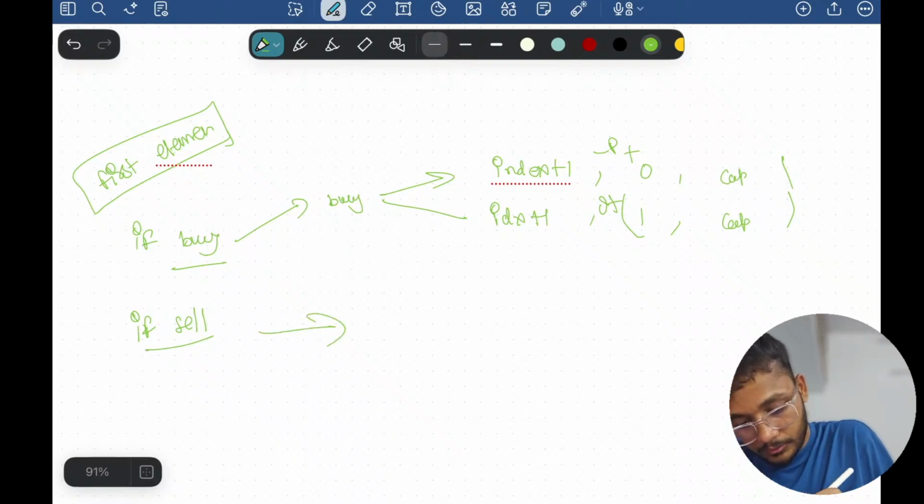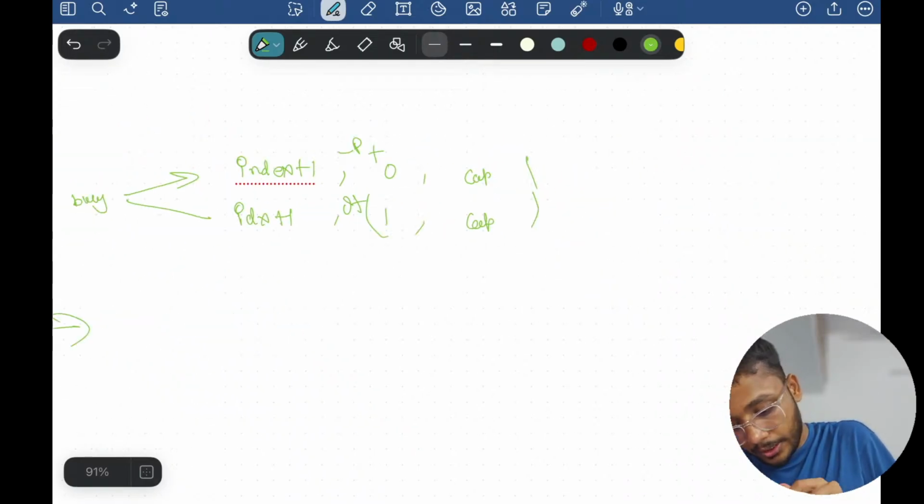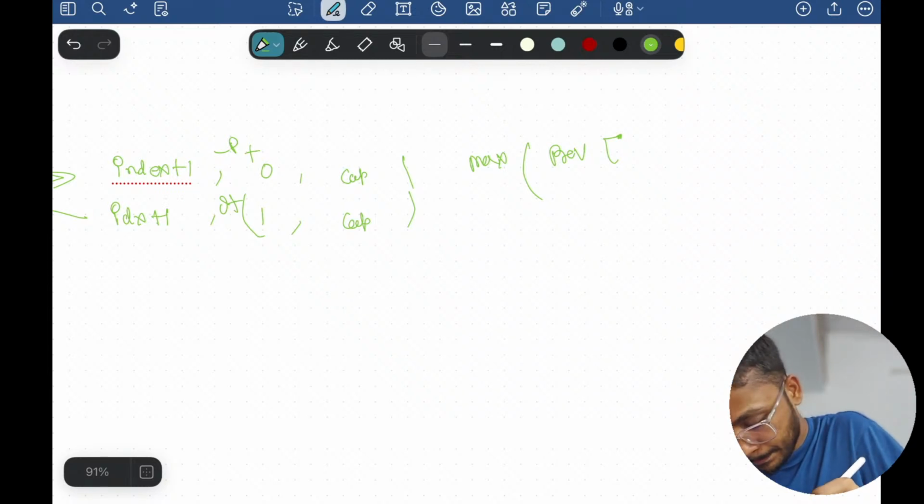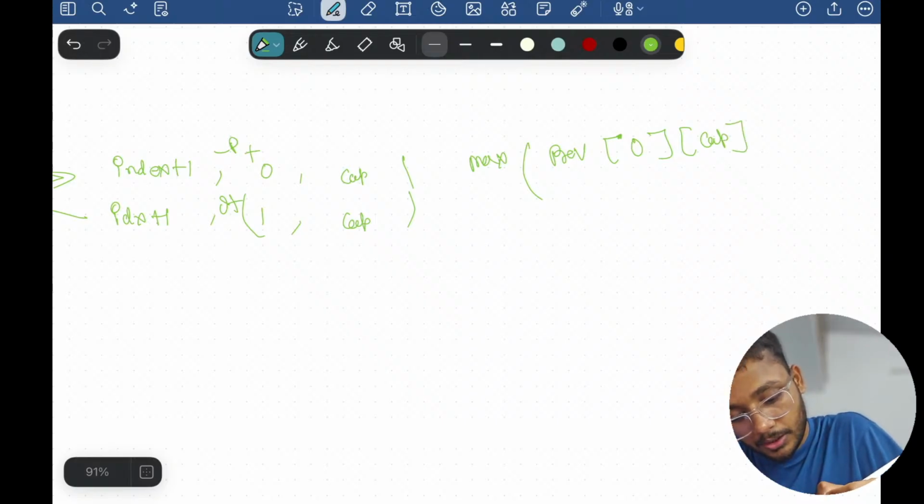Sell. So can I say max of previous of buy will be 0, and capacity, how will it decide capacity?